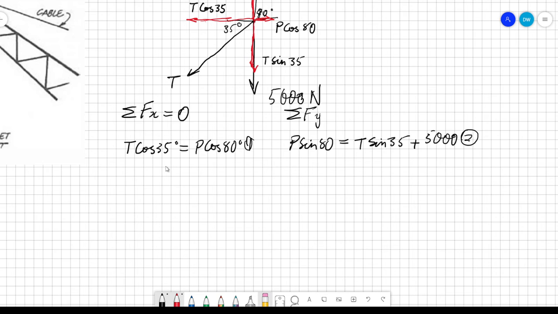It's just solving a very basic equation. So now, what does P equal to? We can see that it is T cosine 35, because we need to divide both sides by cosine 80.